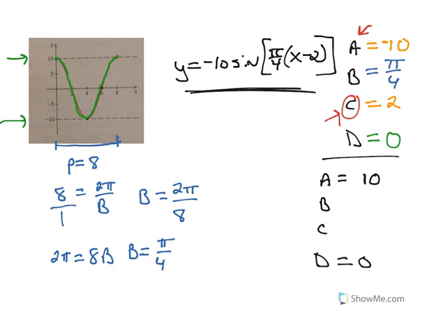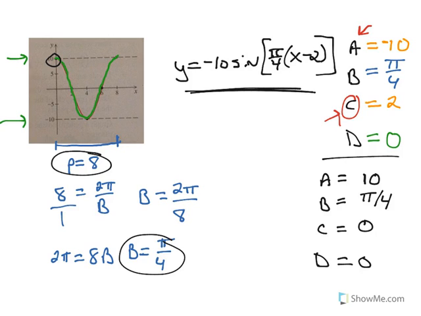So it's going to be a positive cosine wave, so that's going to be positive 10. Your period length is still 8, which means your b value will still be pi over 4. And your c value, cosine normally starts on the y-axis, and that's where this one is starting. So your c value in this case is actually 0.